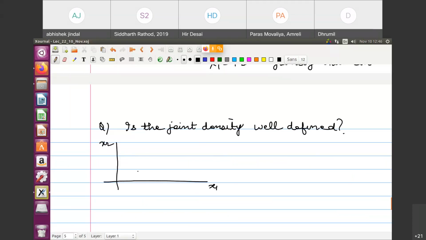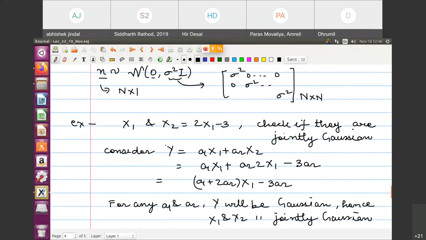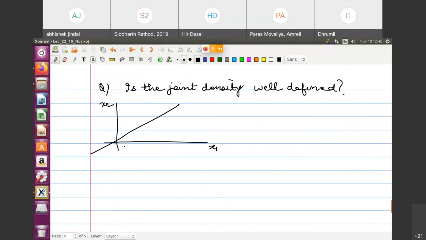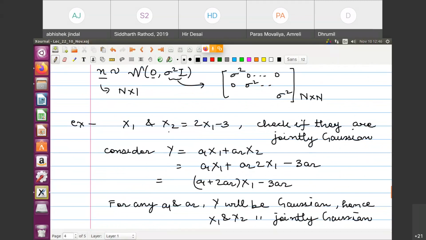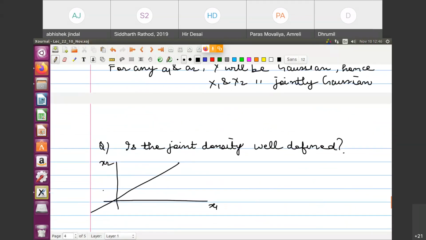But the problem is that x2 can be directly obtained from x1. So for any value of x2, you can obtain an x1, or you can say that all of x2 will lie across a line. So this leads to a problem.